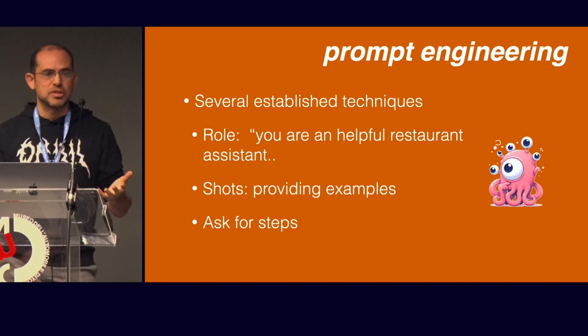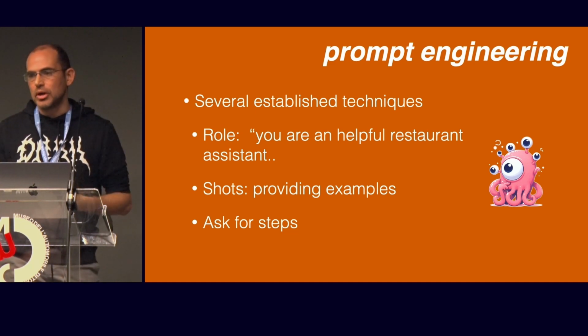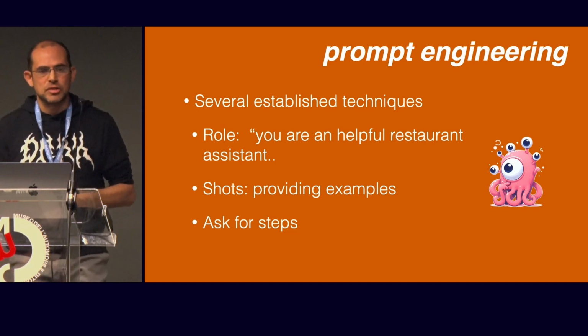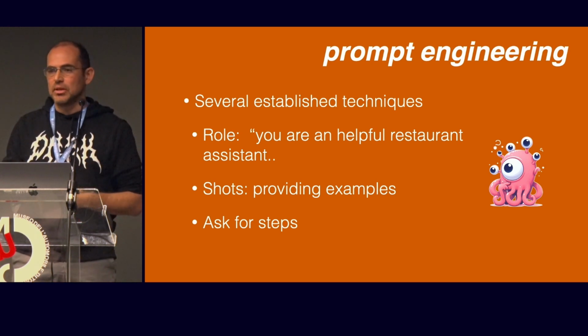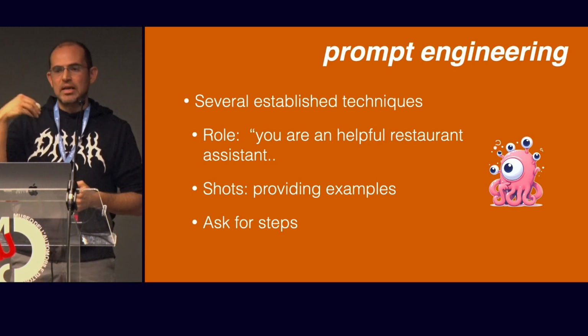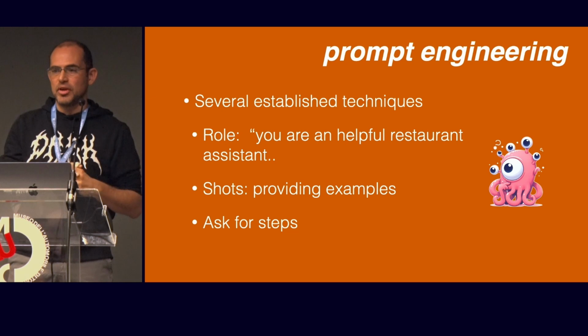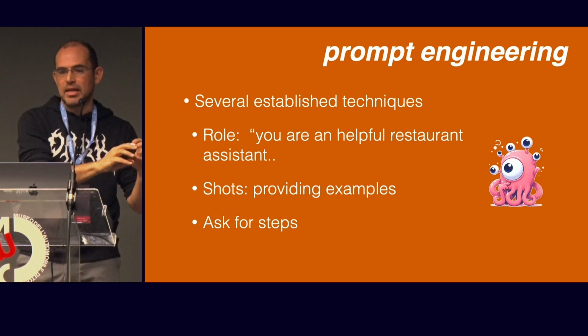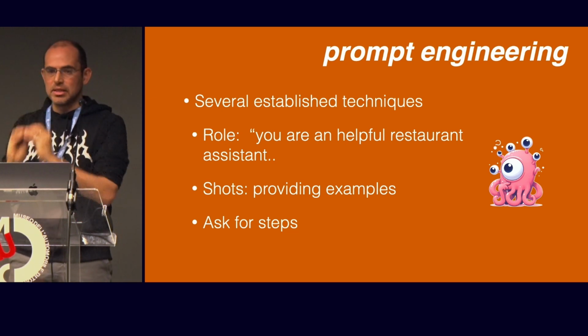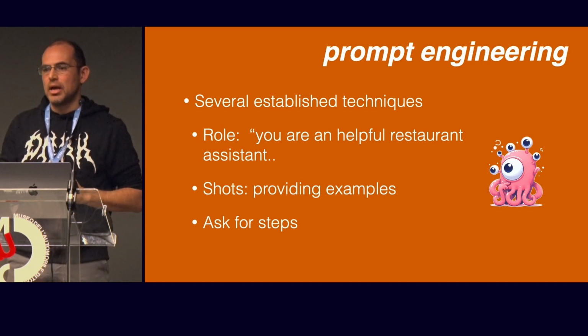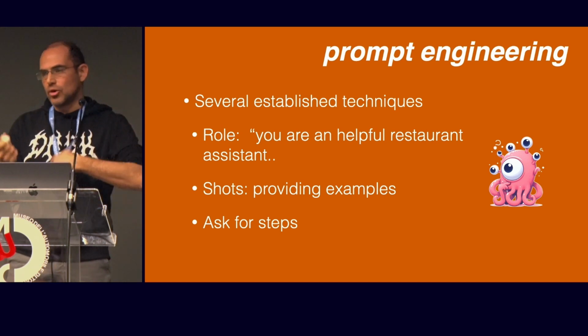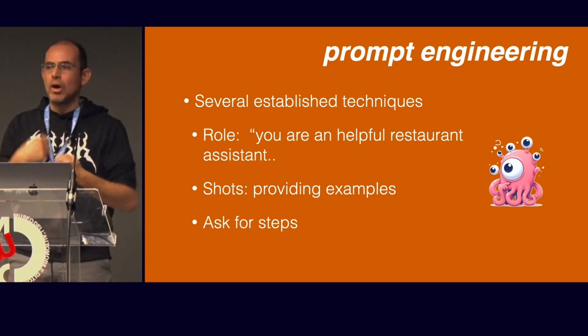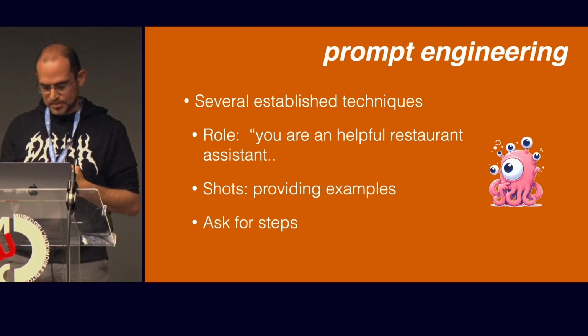Shots are examples. In our case, maybe it's not helpful, maybe yes. Shots means, okay, I need you to provide some information. Here is an example: if someone asks for this, answer in this way. So the language model has one or more examples to know how to act and how to respond.